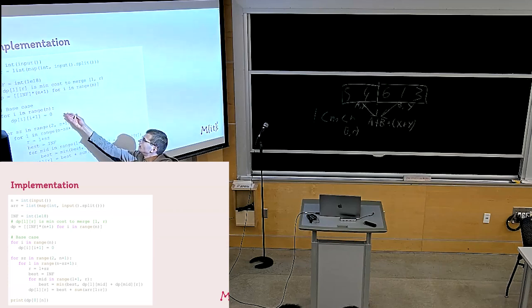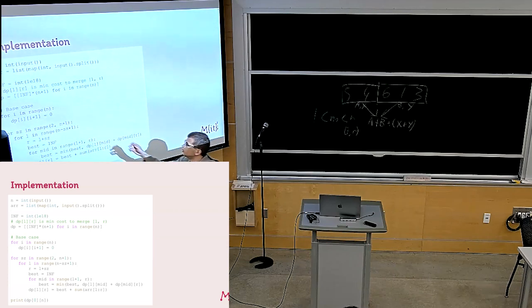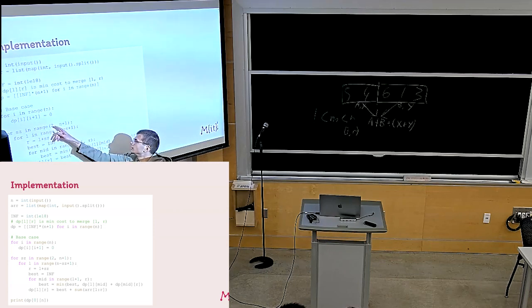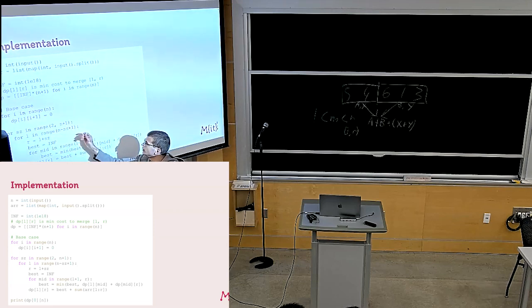So first I do all of the base cases where I set all of the intervals of length 1 to have a dp value of 0. And then I do my iterations in increasing order of array length. So I start with the arrays of length 2, and I go all the way up to arrays of length n.